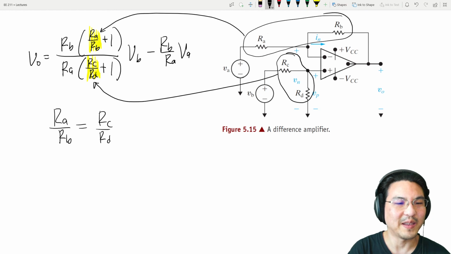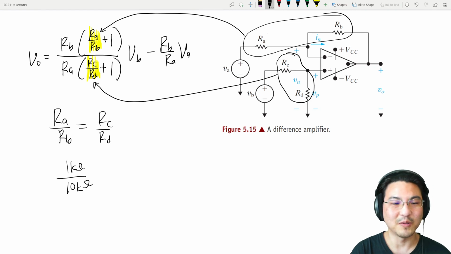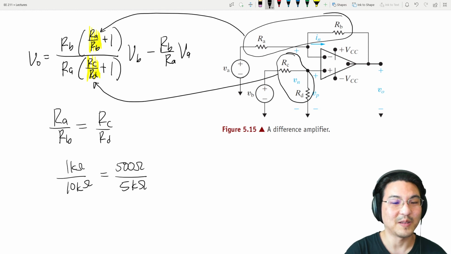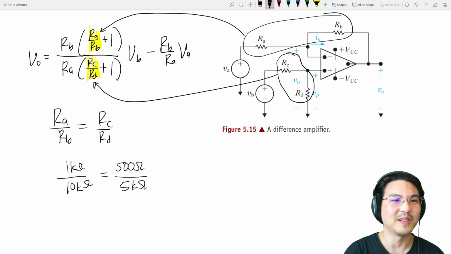So let's say Ra is 1K, Rb is 10K. And then we choose to make the ratio here the same. For example, 500 ohms, and this one is 5K. They're the same ratio. If that's true, you see how this whole term becomes 1?